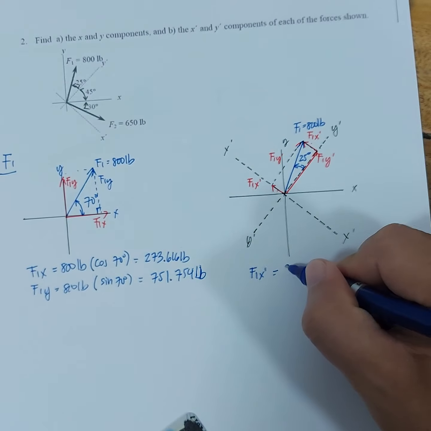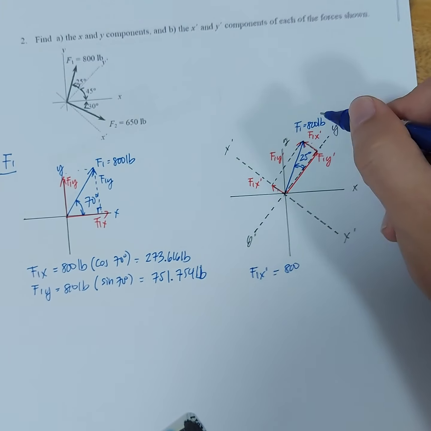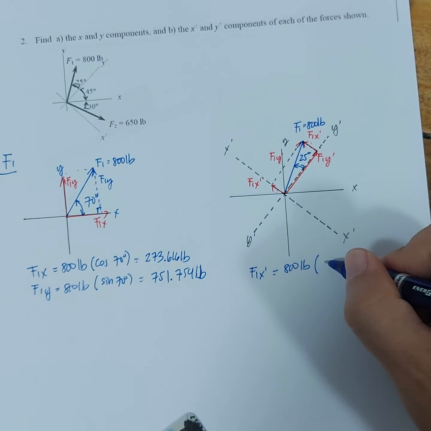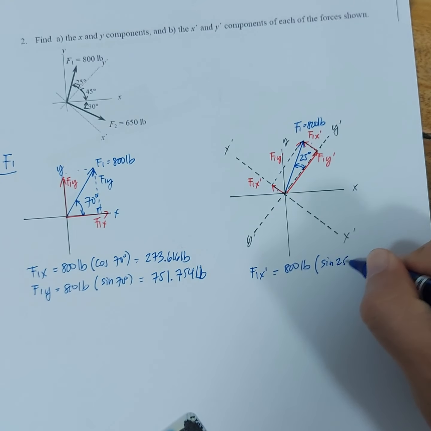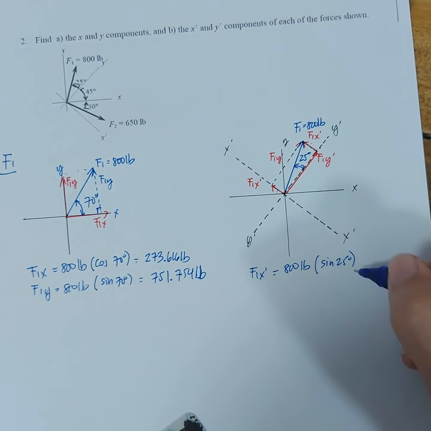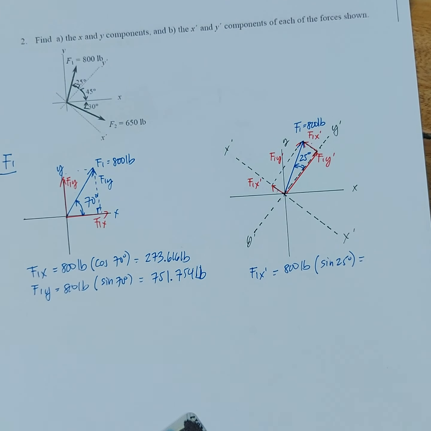So yung hypotenuse natin is 800 pounds times yung sine of 25 degrees. So remember, this is now our angle, that is 25 degrees. So that is equivalent to 338.095 pounds. So that is the F1x prime.